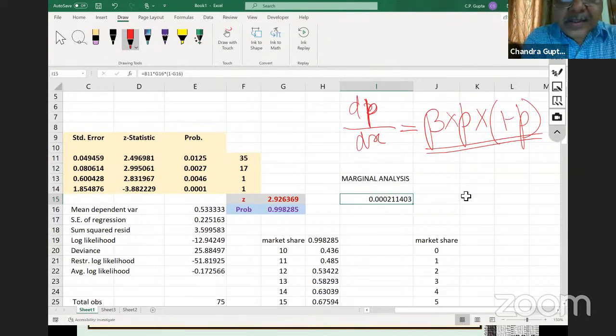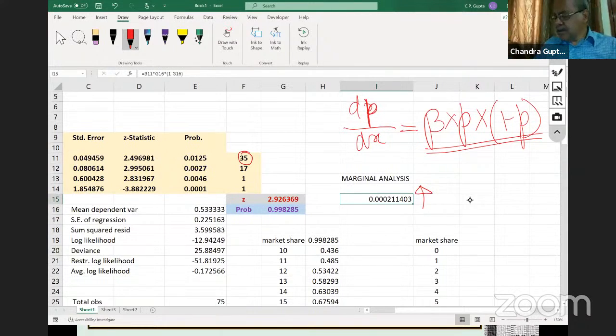That means at this point of 35 market share, if you change your market share by a small amount, the probability will go up by so much amount. That's the meaning of it.